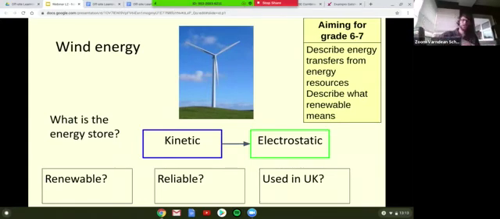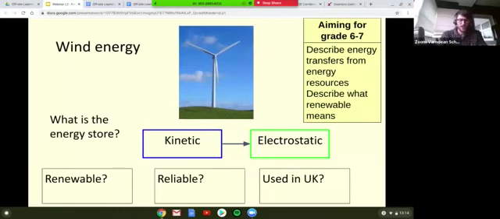That's going to turn the turbine. We see that all the time on the seafront. They've been put offshore so that they can obtain more moving kinetic energy from the wind, and that kinetic energy is going to be transferred into an electrostatic store when it's pushed the turbines round. So they help through the motor effect to generate some electrostatic energy, and then that can be transferred into your homes.